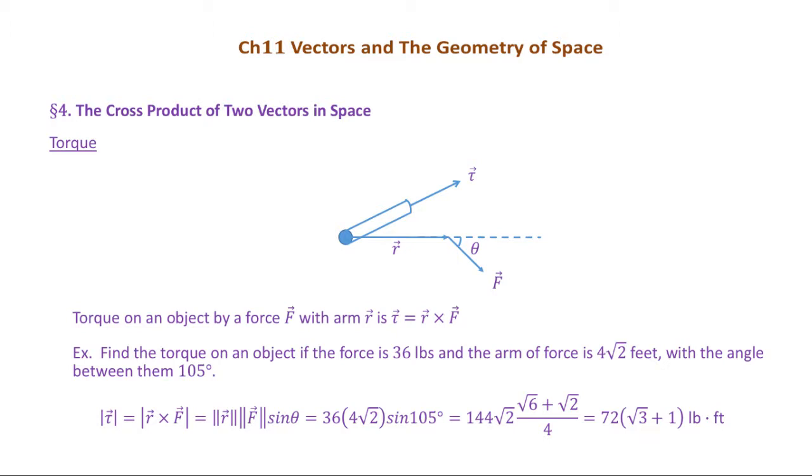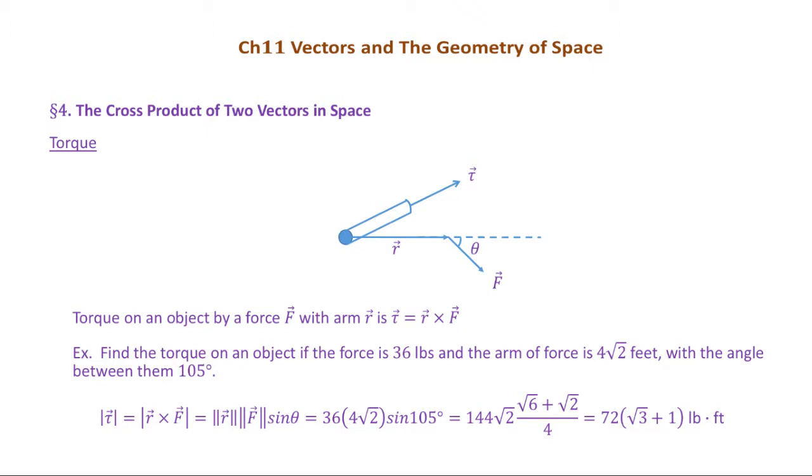If you do a little simplification after the multiplication, you can cancel 4 from 144 to get 36, but then you can distribute the square root 2 to square root 6 and square root 2. You get square root 12 plus 2.